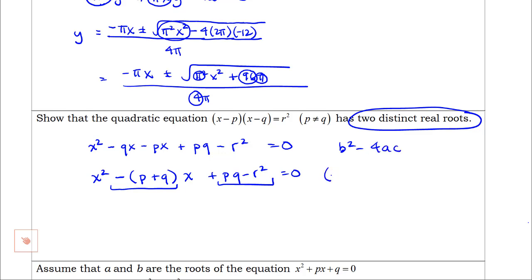B is negative p plus q. And if I package that like this, minus 4 times a is easy, times c, and the big question is this greater than 0?